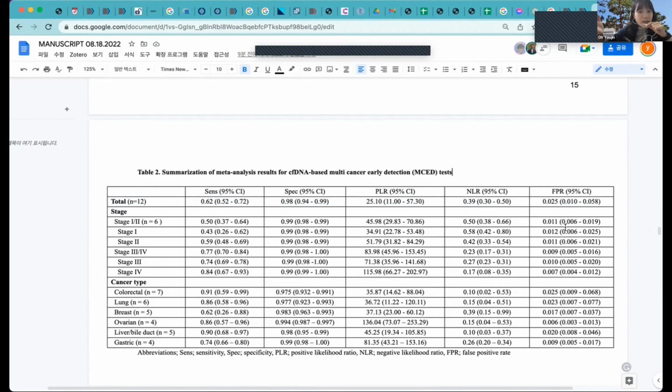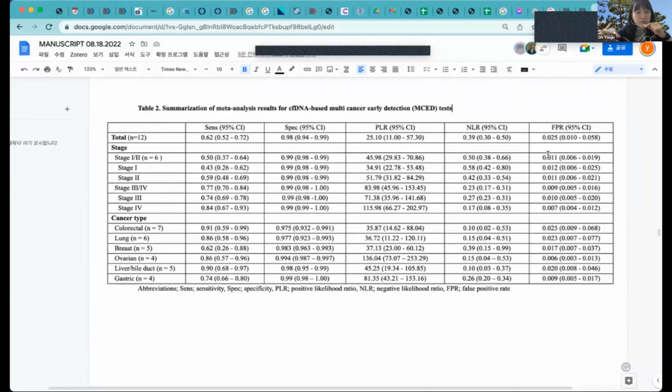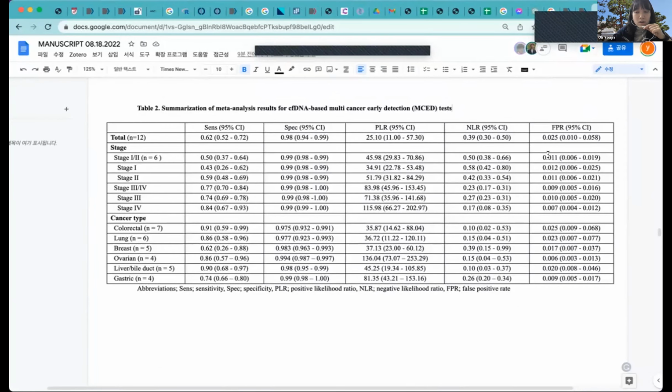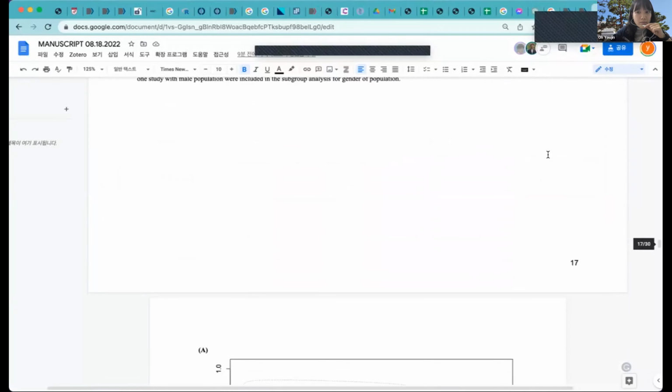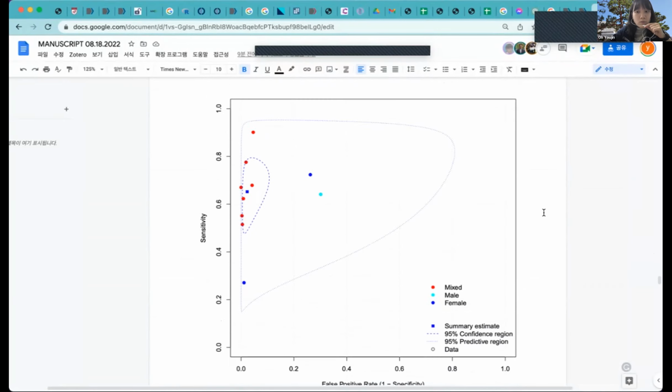The only reason is that the numbers in this table come from the website that I introduced to you guys a few weeks ago, and they didn't provide me with a decent forest plot. For FPR and FNR, I had to calculate the numbers myself, so I have the forest plot because I had to write the code for that.